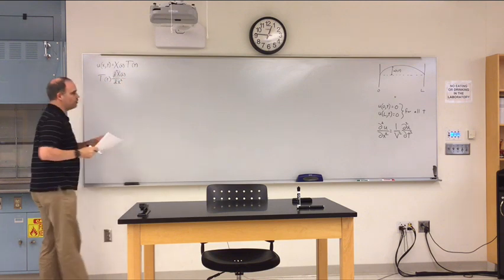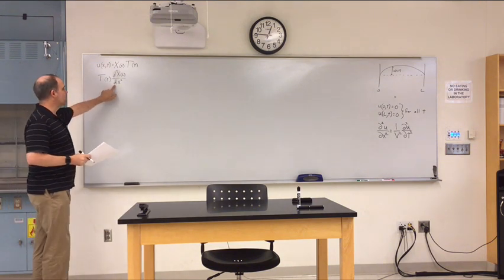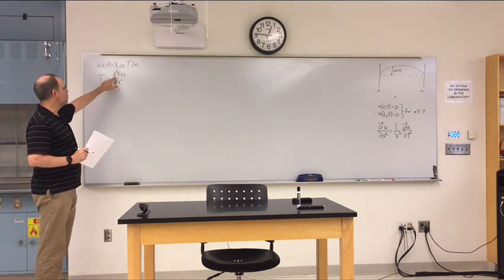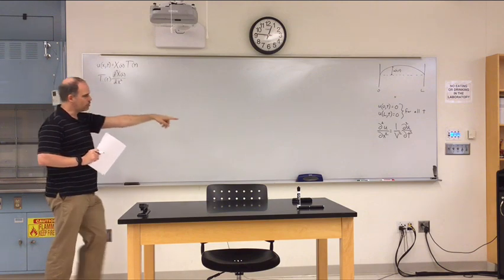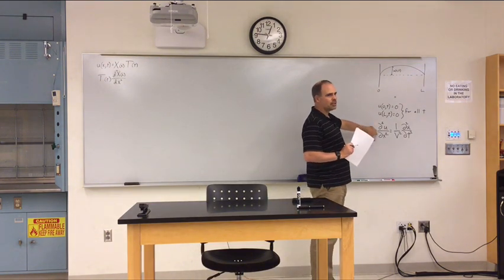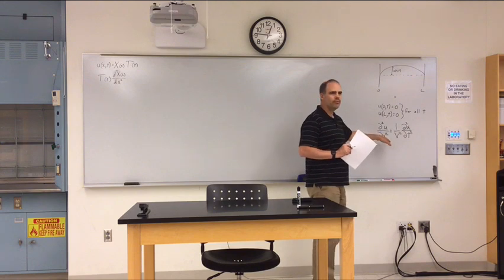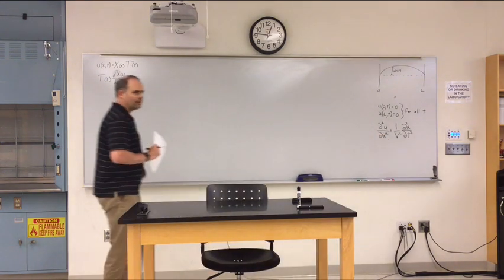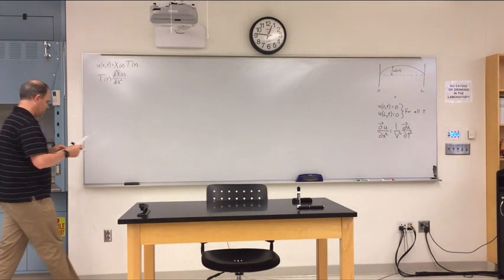The reason that over there it was the del and here it's the d is because we're taking the derivative with respect to a function of a single variable, whereas over here it's a partial derivative because it's taking the derivative of a function of two variables with respect to one of them. Little mathy type rules.